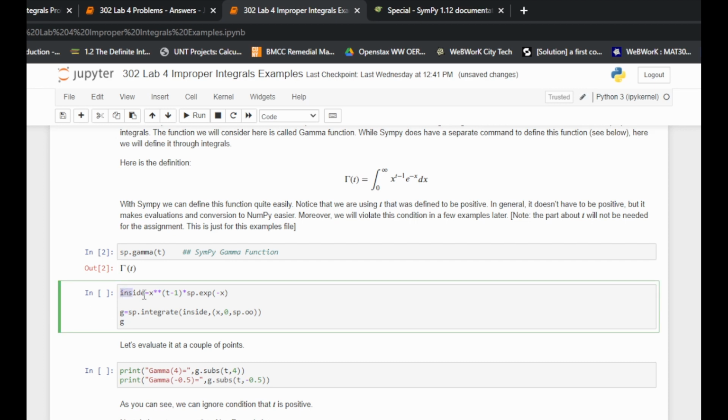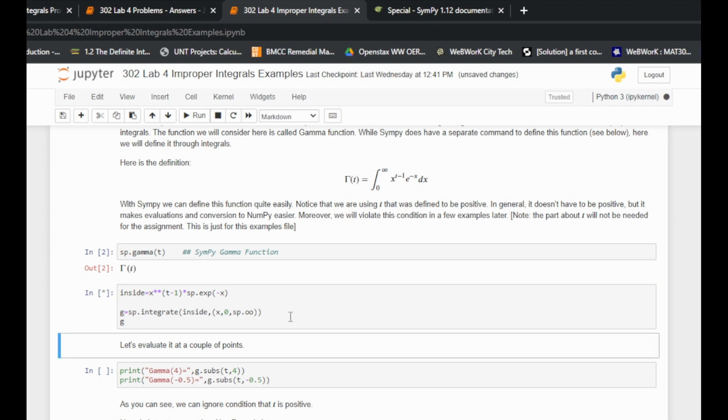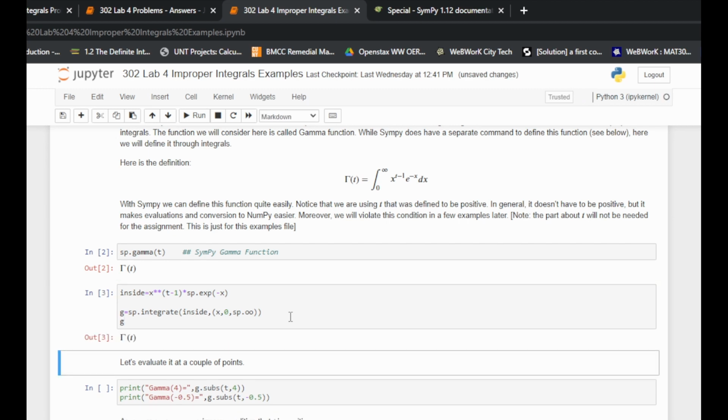We'll create our inside, which is the integrand, x to the power t minus 1 times exponential of negative x. And then my g, which will be my gamma function, is the integral of that inside from 0 to infinity. As you can see, SymPy recognizes that this is the same thing as the gamma function.